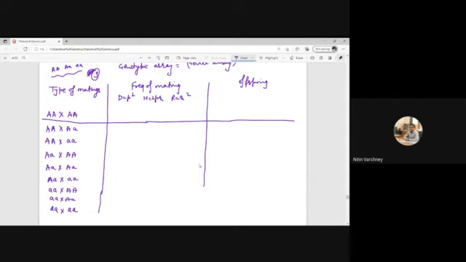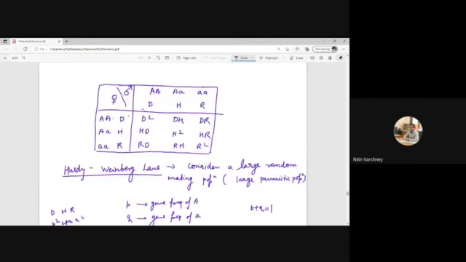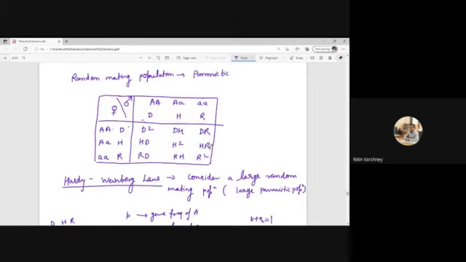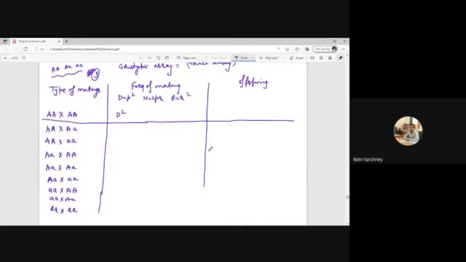So I can write D square, DH, DR, HD, H square, HR, RD, RH, R square. All possible types of matings. So D square, I can write as P to the power 4.